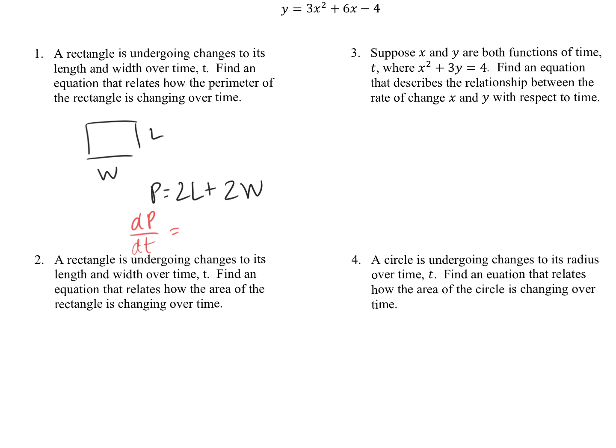And what that means is the perimeter is changing at this rate over time. What do you think the derivative of 2L would be? Just treat it like 2x. Derivative of 2x? 2. Derivative of 2L? 2 dL dt.